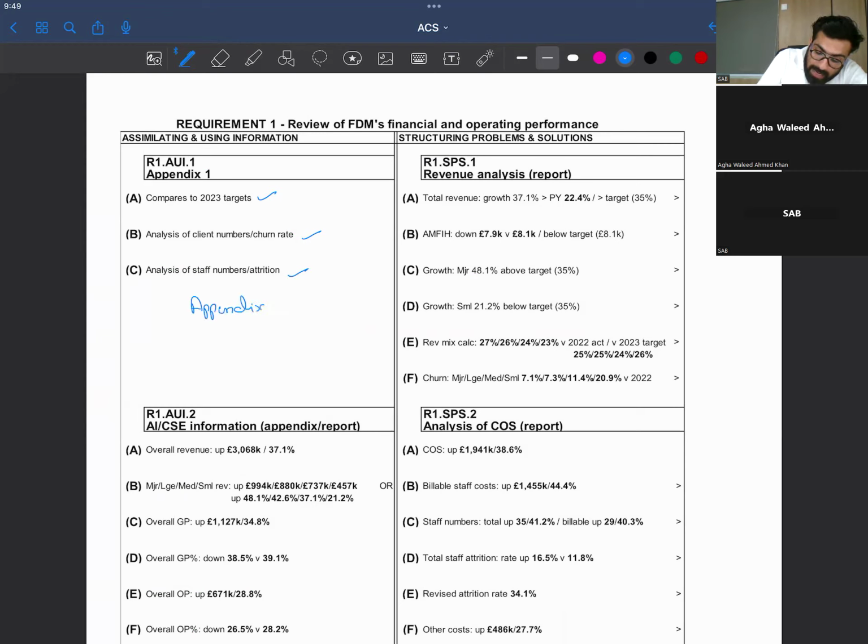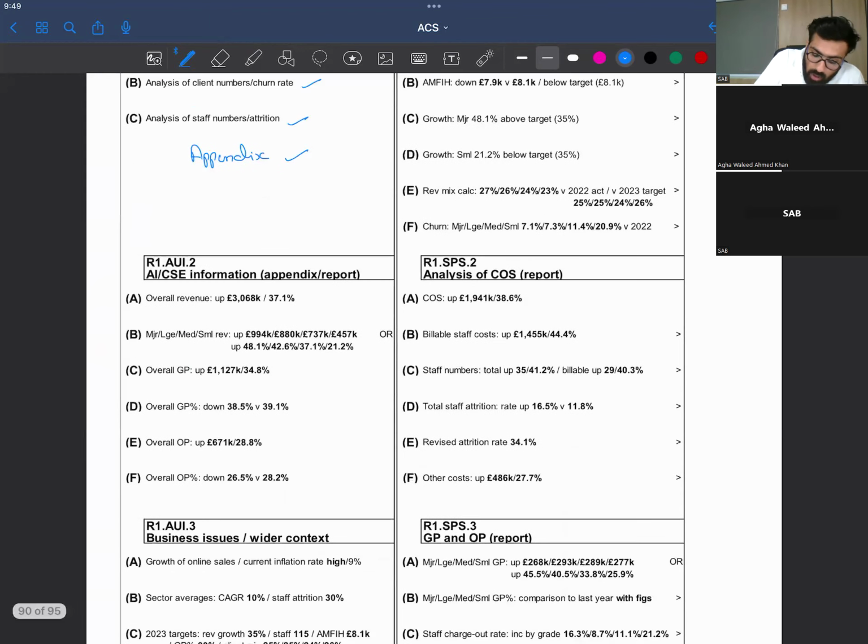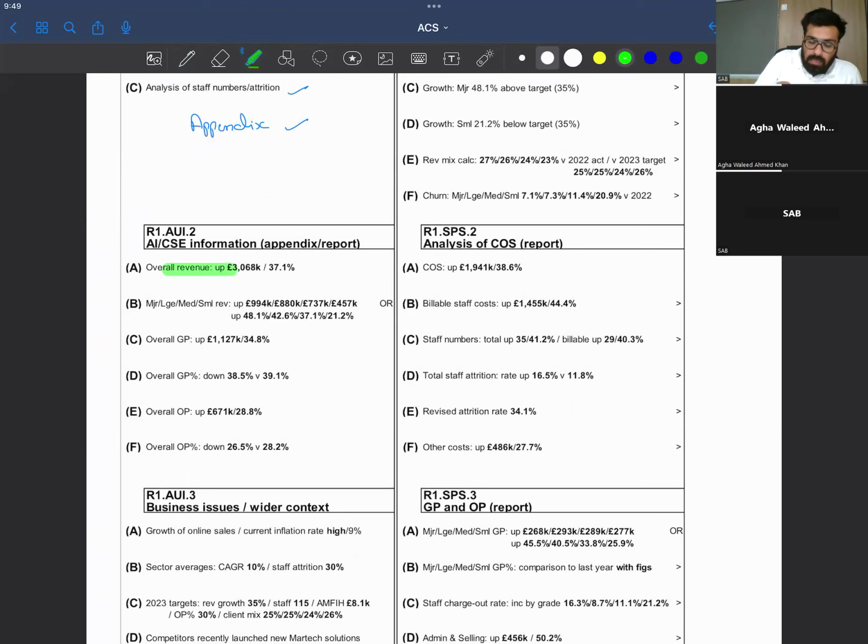If you haven't made this appendix, or if you haven't covered these ratios, 0 marks for this box. Similarly, you have to make a comment on overall revenue, overall client size revenue, overall GP, overall percentage, overall OP, overall percentage. If you did that, this box is ticked and you're going to pass.